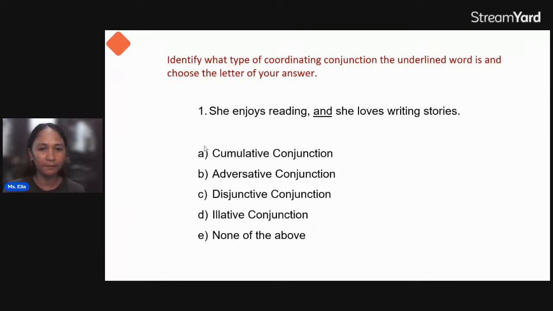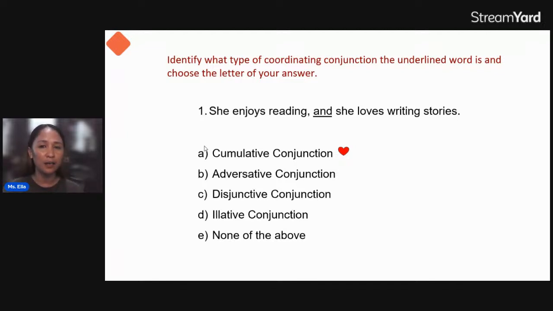Okay, anyone? Okay, let's find out. For this coordinating conjunction, we use the word and. The correct answer is letter A, cumulative conjunction.